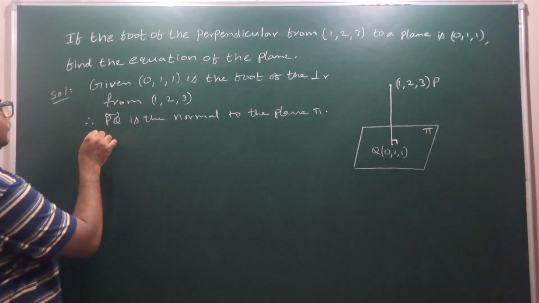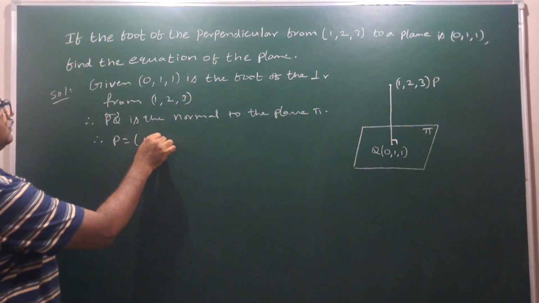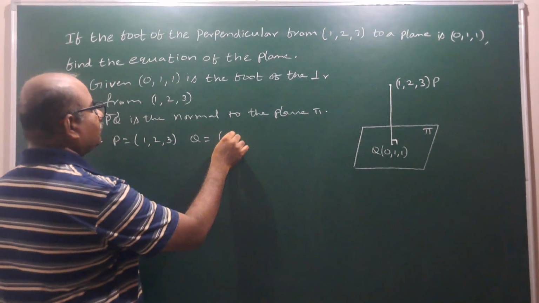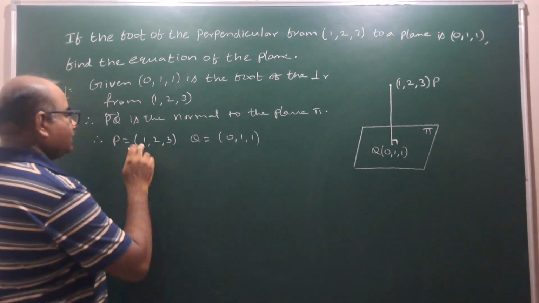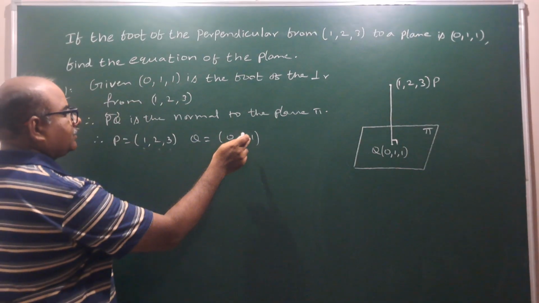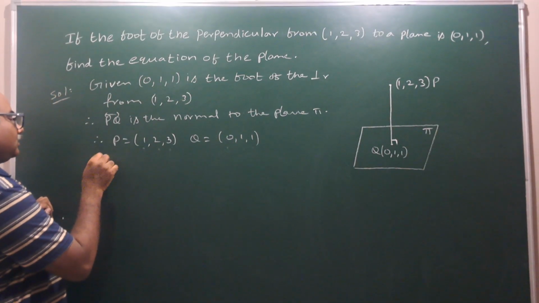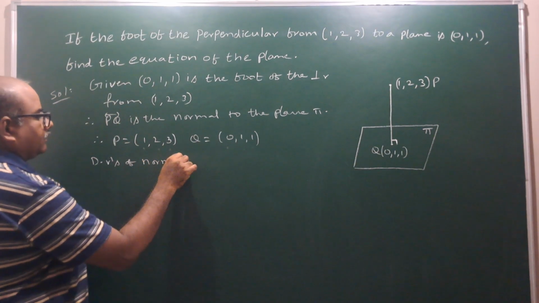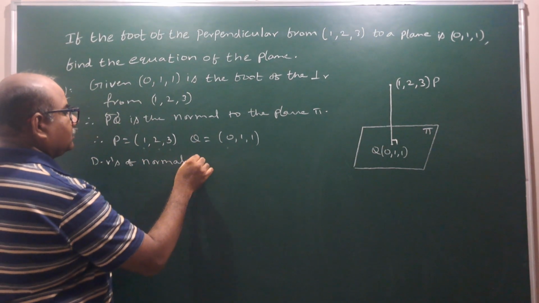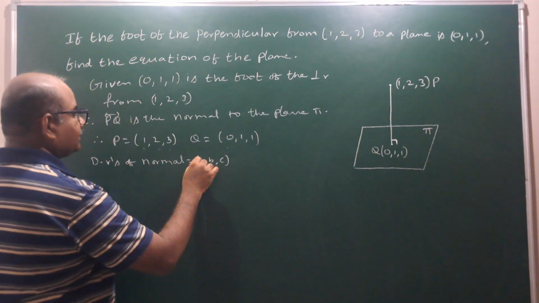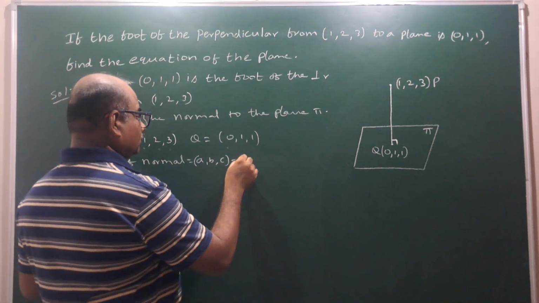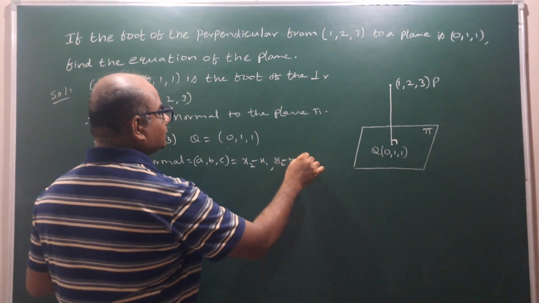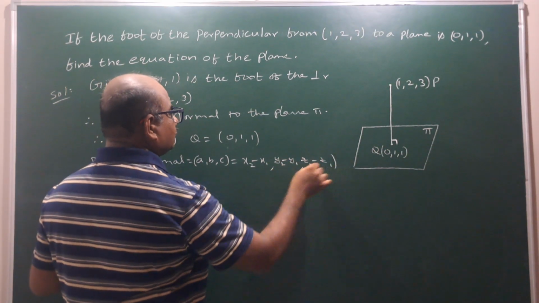Therefore, let P = (1, 2, 3) and Q = (0, 1, 1). Let us say these are (x1, y1, z1) and (x2, y2, z2). The DRs of the normal, represented by A, B, C, are x2 minus x1, y2 minus y1, z2 minus z1.